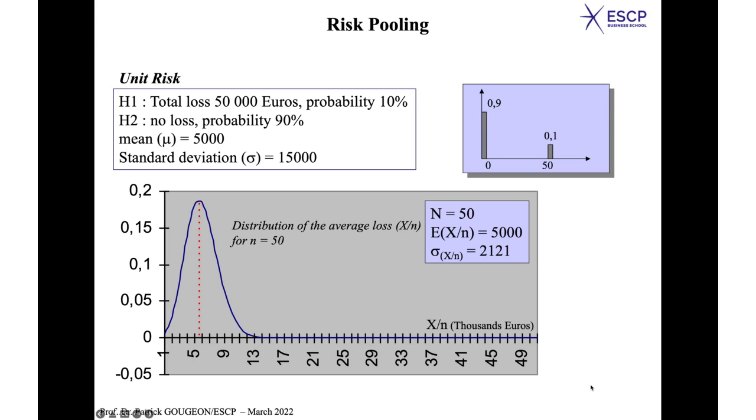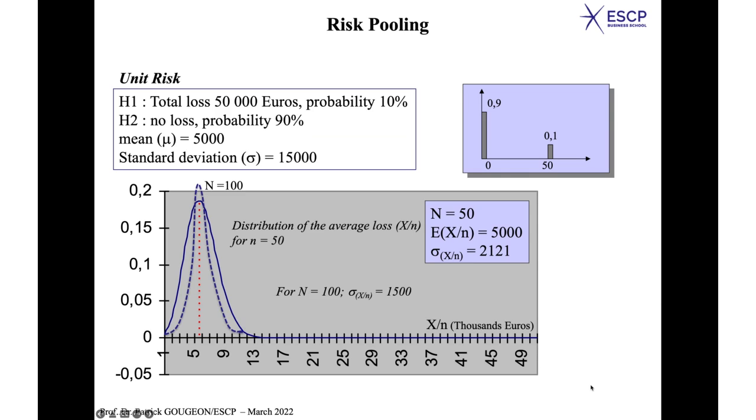So that's also a property of the law of large numbers. Not only does the variance of x over n tend to decrease when you increase the size of the population, but you also tend towards a normal distribution for the expected loss.